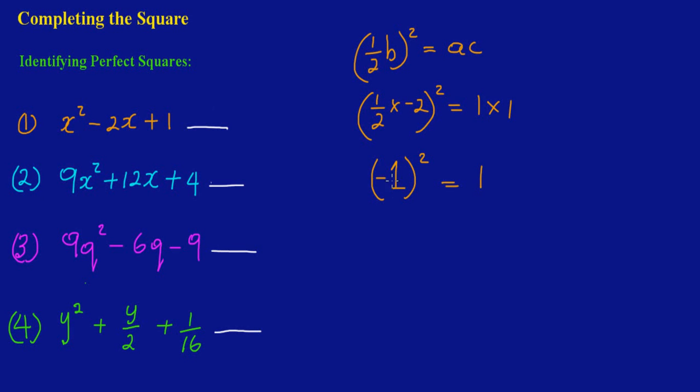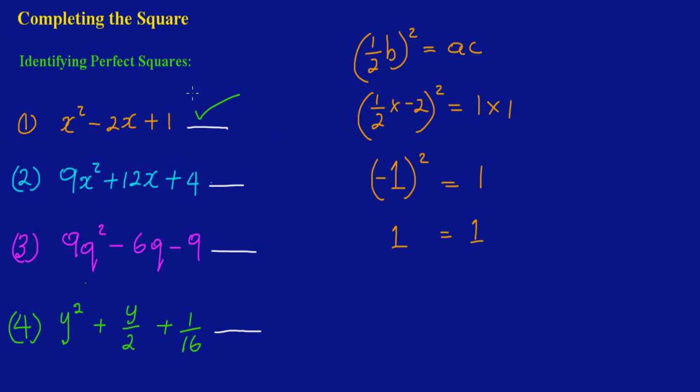Over this side we're going to get negative 1 times negative 1 since it's all squared, and negative 1 times negative 1 will give us a positive 1, and positive 1 is equal to positive 1. Okay, so we know that number 1 is a perfect square, so let's tick that.